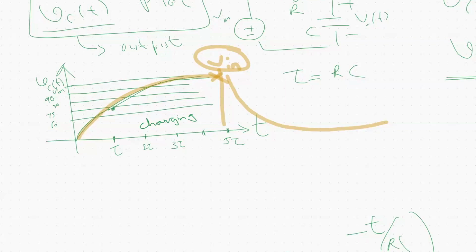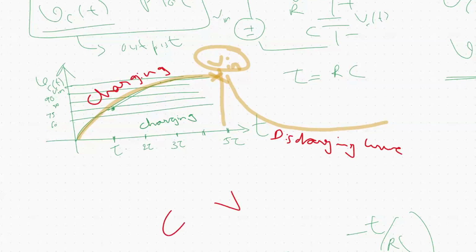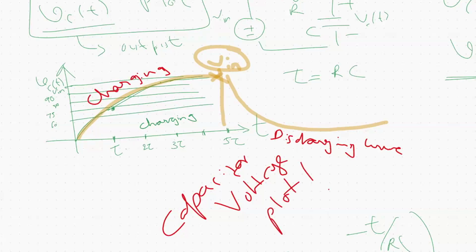This is your charging curve, and this is your discharging curve. And that is your capacitor voltage plot. I think this also pretty much sums up problem set 2. Or did you have any specific questions in problem set 2?